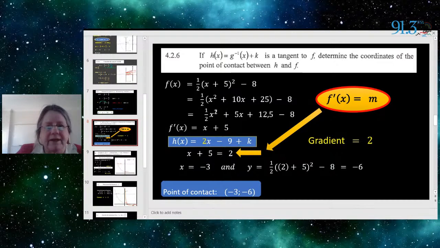But in some further lessons, I will explain this in more detail. But the first derivative of this term is x, and the first derivative of this term is 5. So the first derivative of this function is x plus 5.